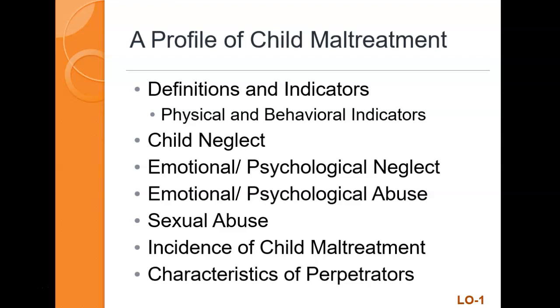Poor academic performance may also be a key factor, especially when you have a pattern of a child performing normally or having decent grades, and then seeing a sudden decline in their academic performance.